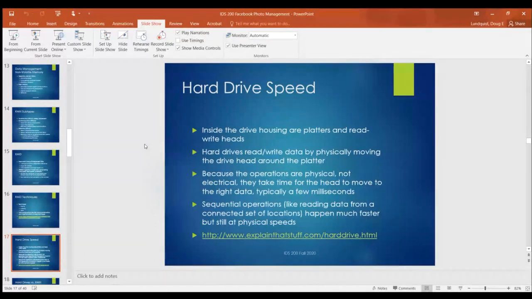Because there's something physical moving around in there, the disk has to move to the right spot underneath the drive head. There's always going to be a few milliseconds delay anytime you try to access a new point. If you can have a sequential string of operations, like reading all the data from one track, just like playing one song continuously on a record, it's going to go a lot smoother. But still, it's going to take more time than RAM does.